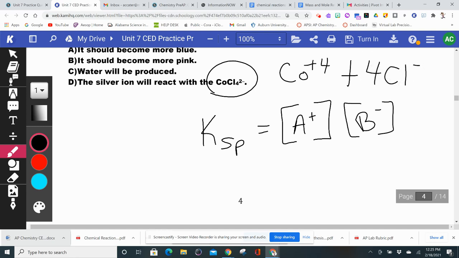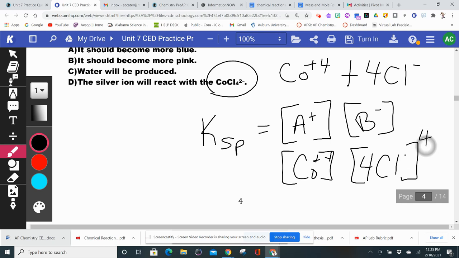If you did that and put these in here, you would have the concentration of the cobalt ions, but then you would also have 4 times the concentration of the chloride ions, and it would also be raised to the 4th power, because when that splits up, you have 4 times as many chlorines as you do cobalts.